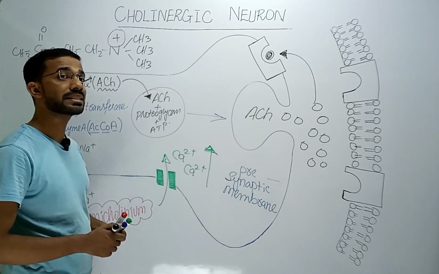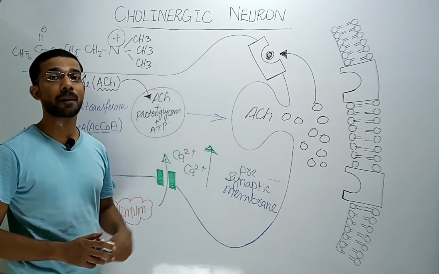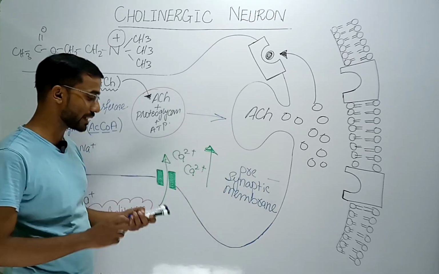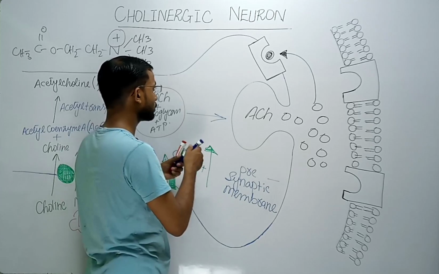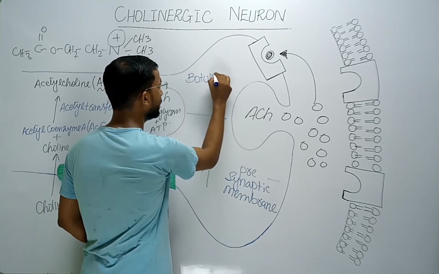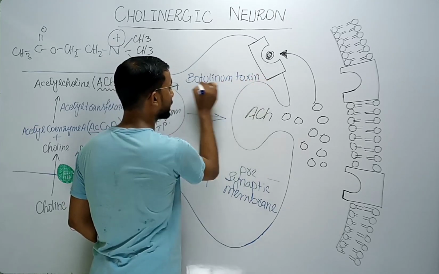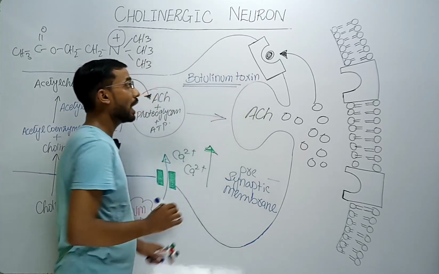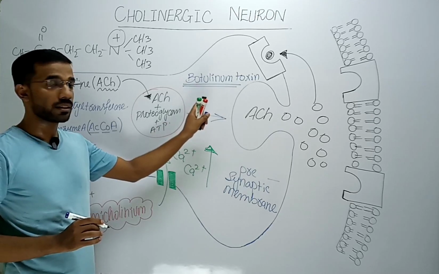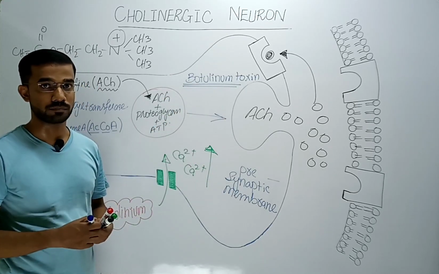But there are certain conditions that can enhance or inhibit the release of the acetylcholine. For example, botulinum toxin produced by the bacteria Clostridium. This toxin inhibits the release of the acetylcholine.